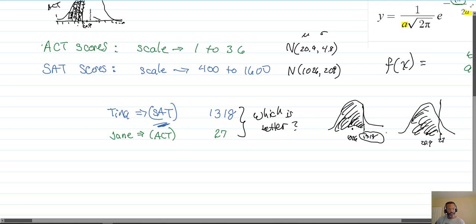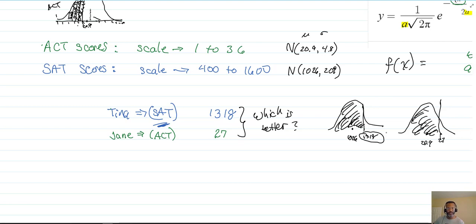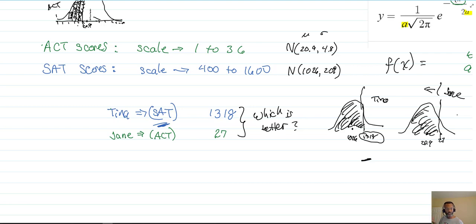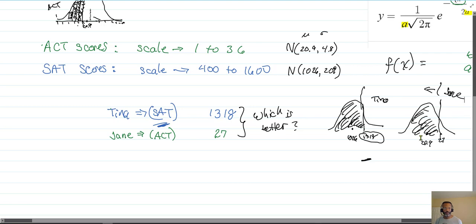So what I could do is then basically determine, number one, what percentage of the area is to the left of Tina's score, and then what percentage is to the left of Jane's score. And the person whose score is greater than the largest percentage of individuals then certainly achieved a better score. So that's one way to think about it, and we'll see that in a second.